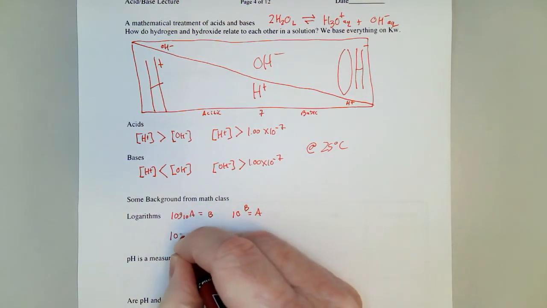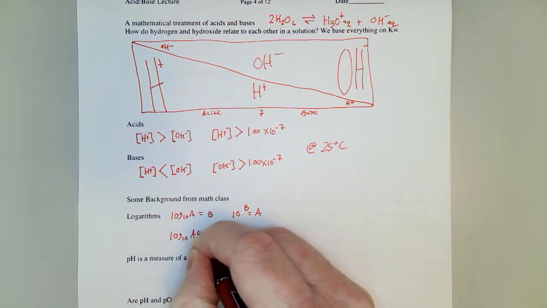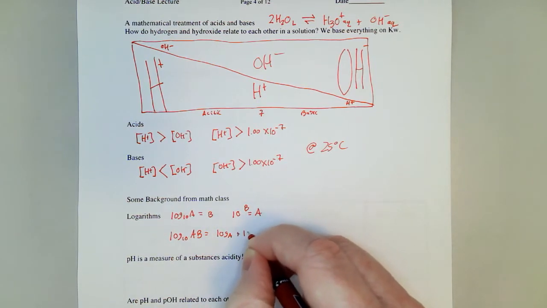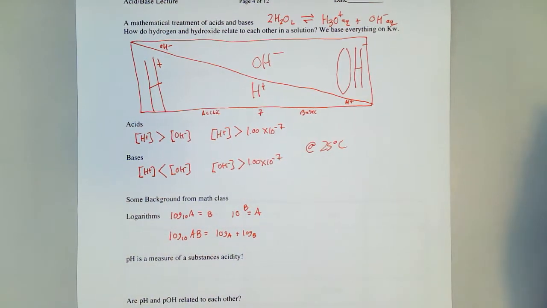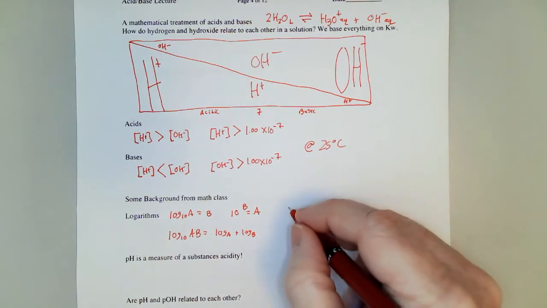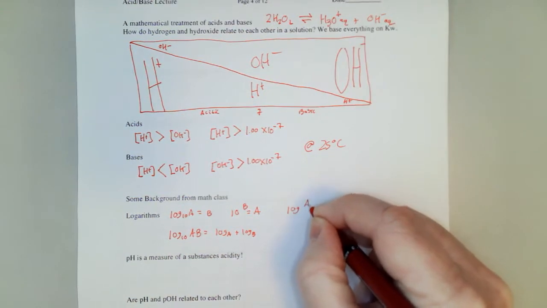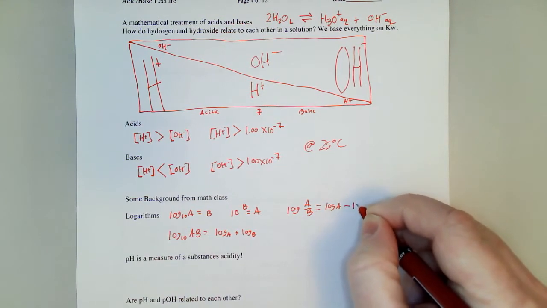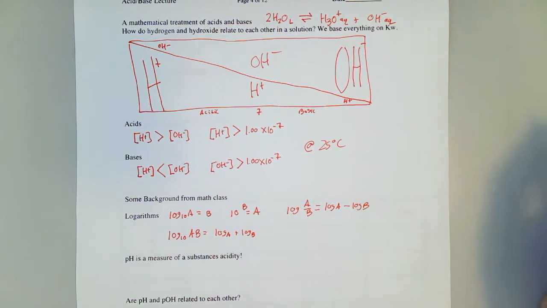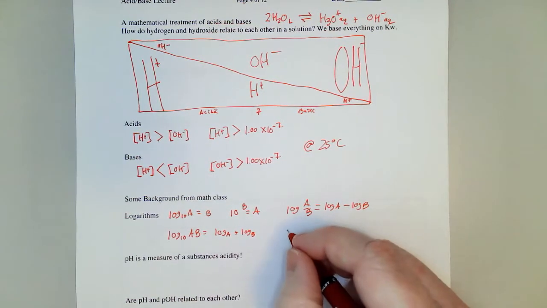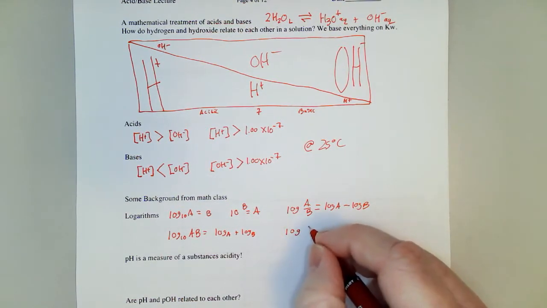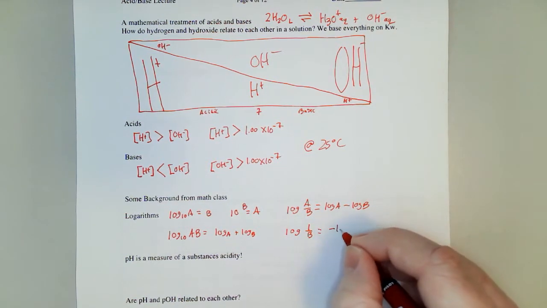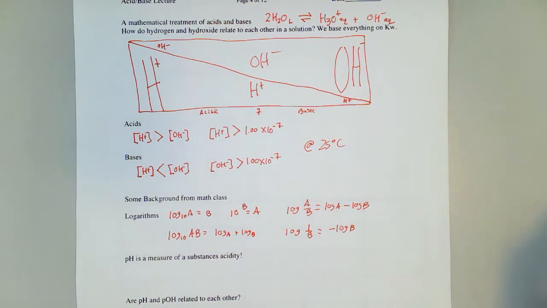Now the log base 10 of AB is equal to the log of A plus the log of B. And the log of a quotient, A over B, is the log of A minus the log of B. And we have the special case where what if A is 1? The log of 1 over B equals negative log B.